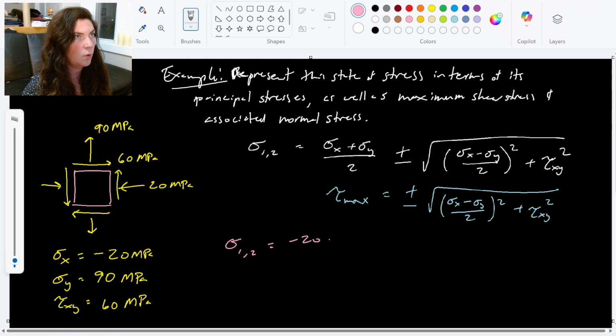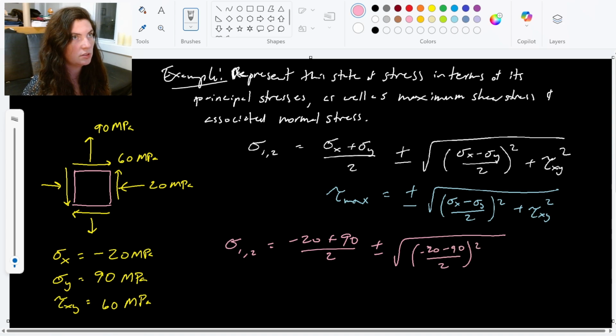Sigma x is negative 20 plus sigma y is 90, over 2, plus or minus the square root of negative 20 minus 90 over 2 squared plus that shear stress of 60 squared. In my first part, it gives me 35, and then plus or minus my square root gives 81.4 when I plug those things into the calculator.